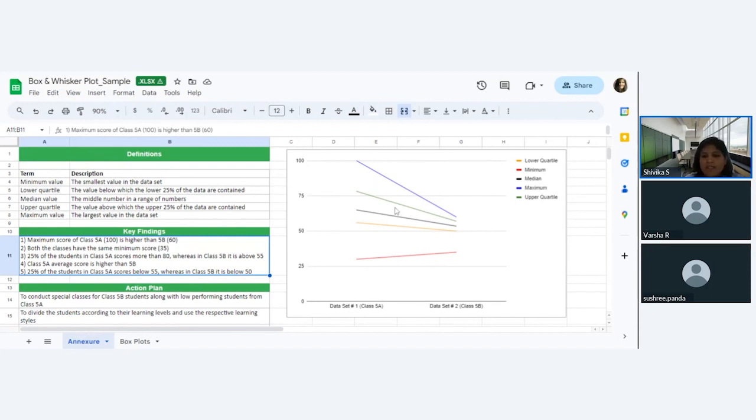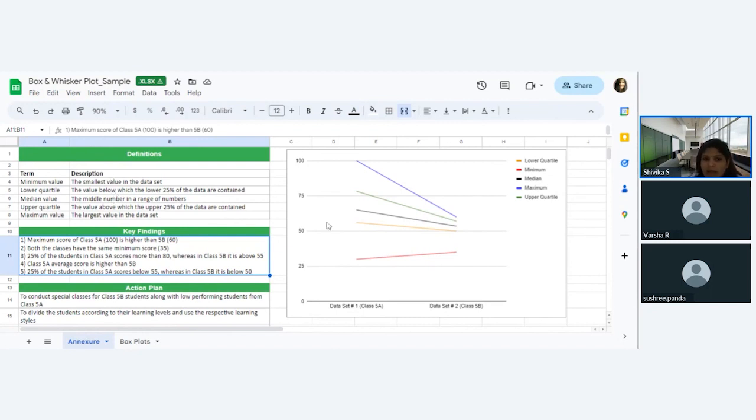Lower quartile is basically, if you see a quadrant, the first part of the quadrant where the lower 25% of the students lie. So the 25% of the students who are scoring the lowest marks in the math subject are represented by the lower quartile, or first quartile. And here the lower quartile is represented by yellow color. Sorry, it's orange color.